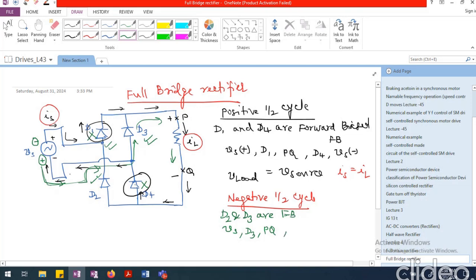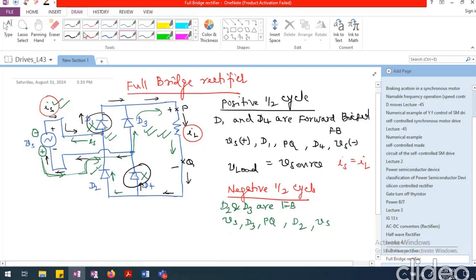Then it goes through D2, and from D2 it returns to Vs. So the current seen during the negative half cycle is exactly opposite to that of the positive half cycle as far as IS is concerned, but the load current is one and the same.